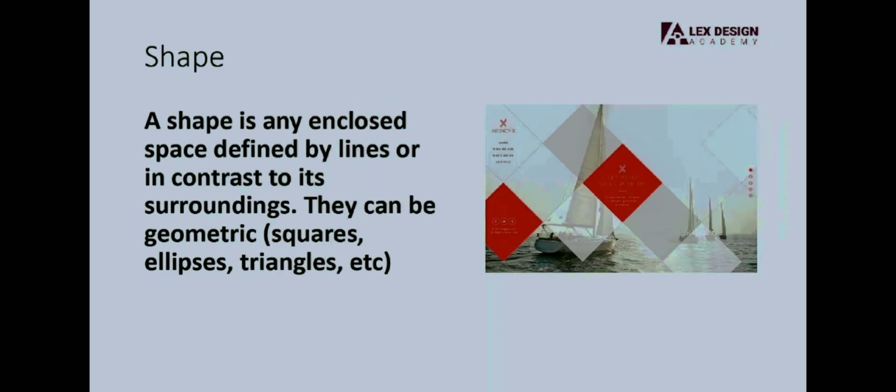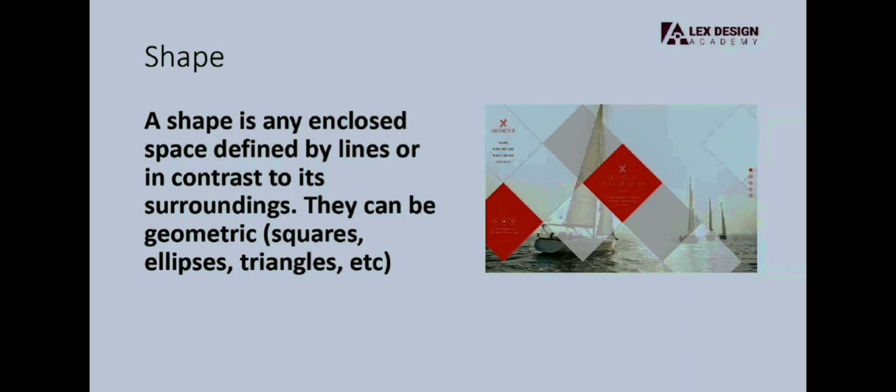Now, the third thing we'll be looking at is shape. What are shapes? Shapes are a combination of lines. Actually, shapes are when you put lines together. When you put at least more than four lines together, it makes up a shape. Except for circles, of course. Circles are sort of a continuous line in a circular manner.